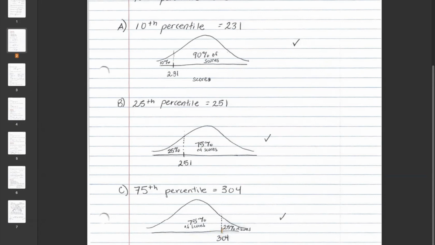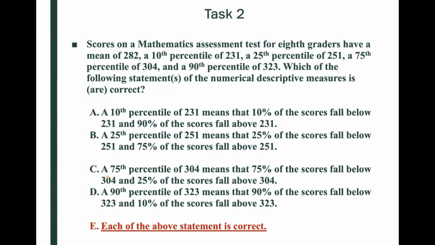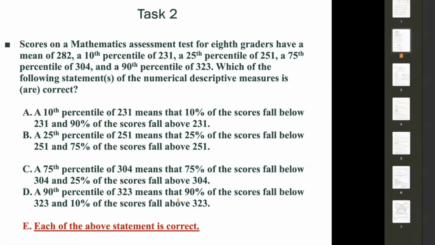I'm first going to write the score down, and then 75% of the scores fall below 304, and the remaining 25% of the scores are above 304. That is what C says, so that's correct. And then lastly is D, a 90th percentile of 323.